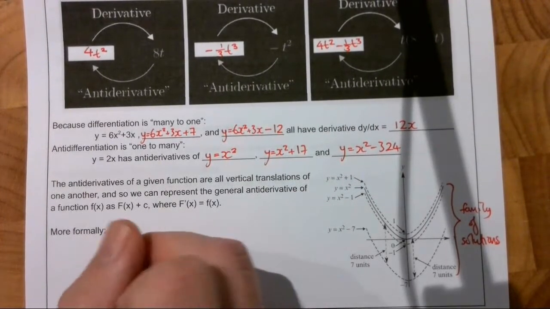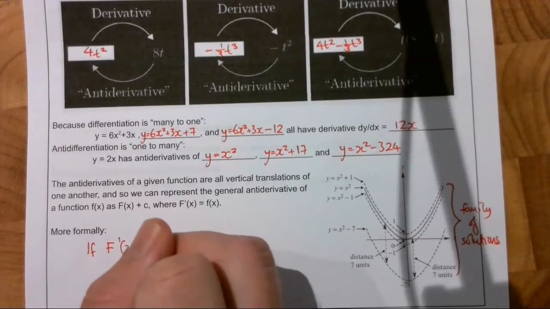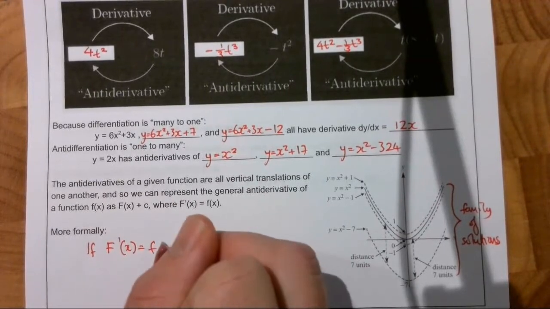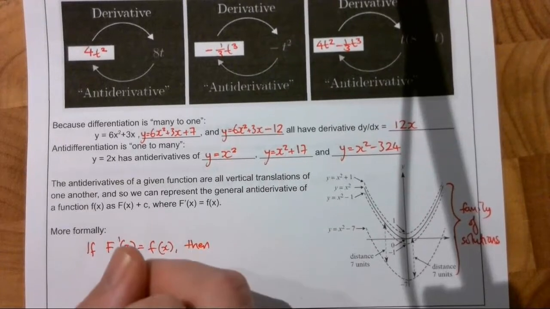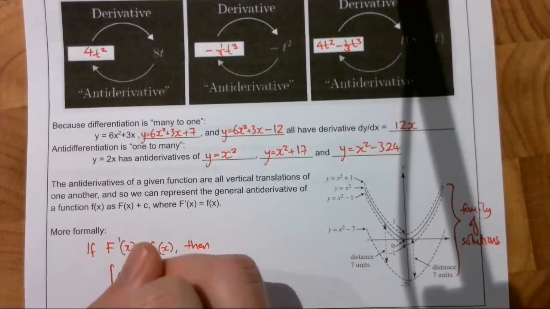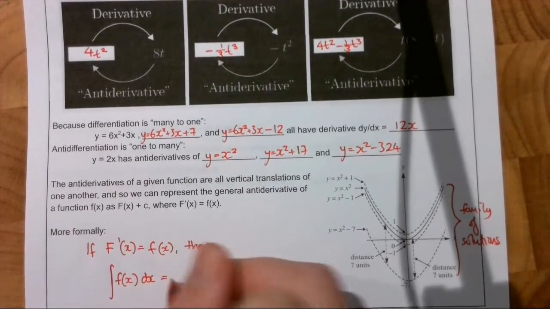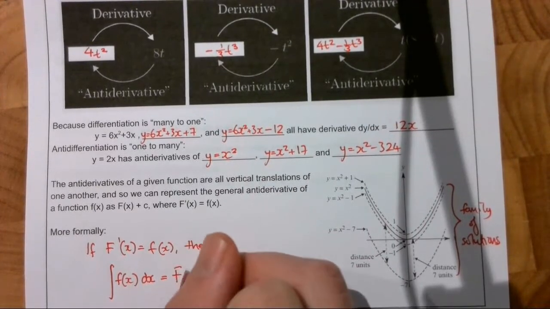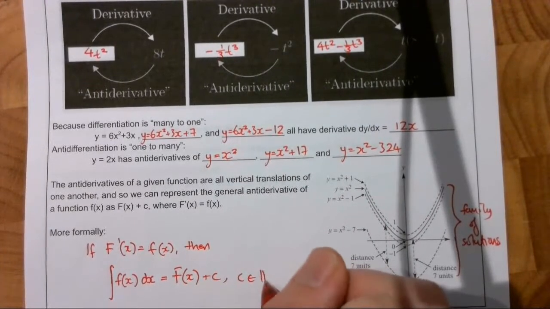And we could write that more formally by saying if F dash of x equals little f of x, then the antiderivative, or the integral, this is a different type of notation, of little f of x, is big F of x plus c, where c is just a real number.